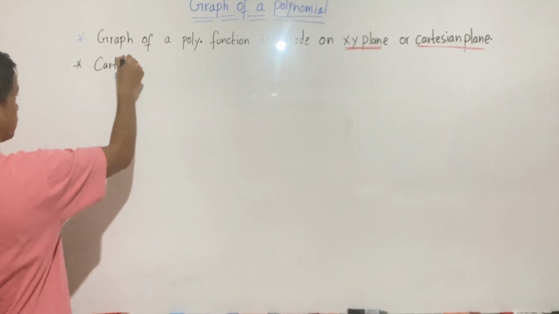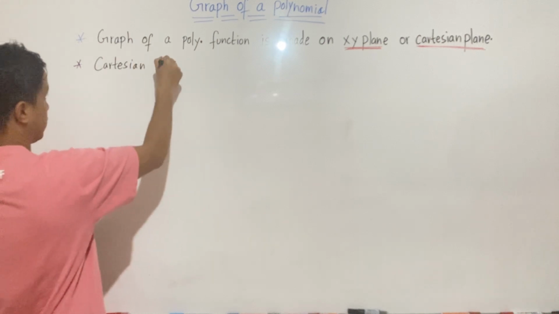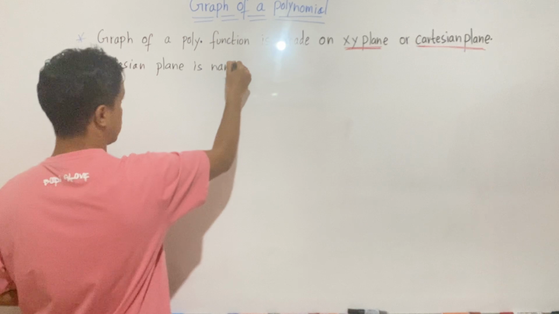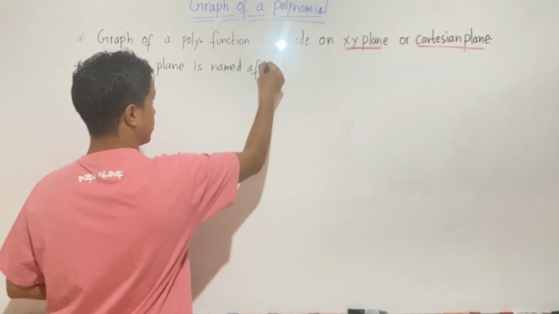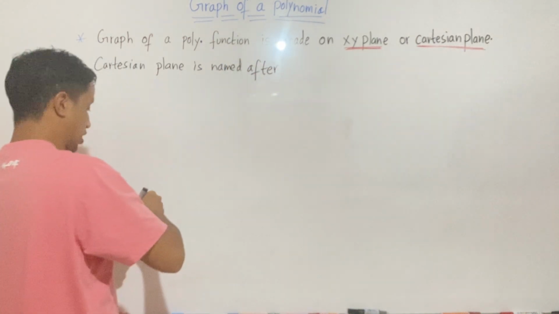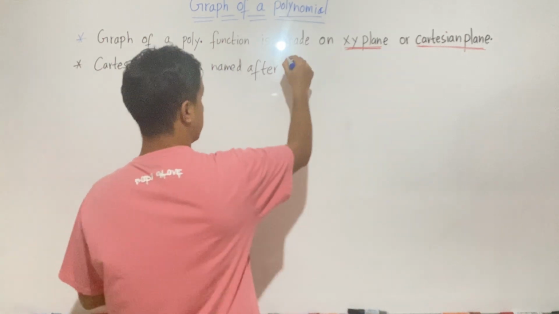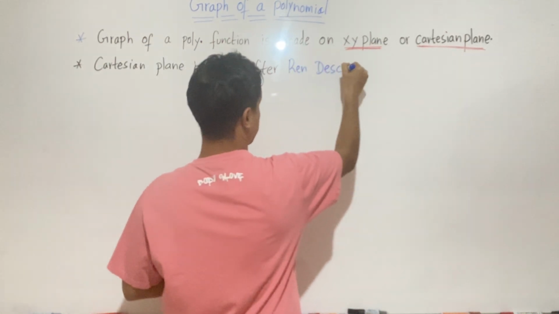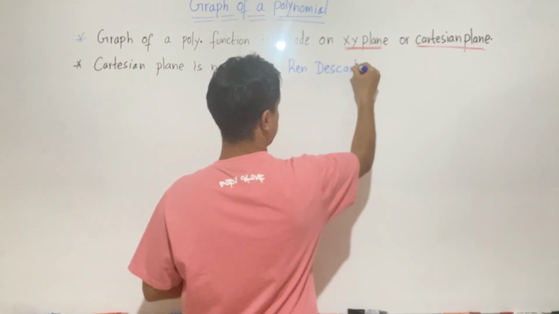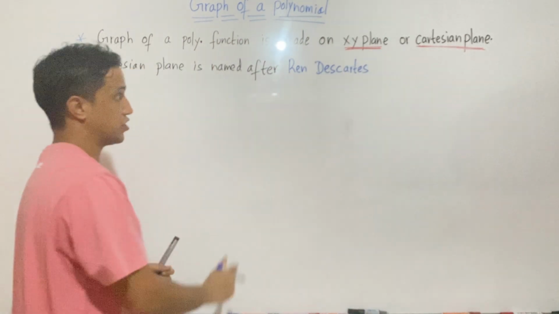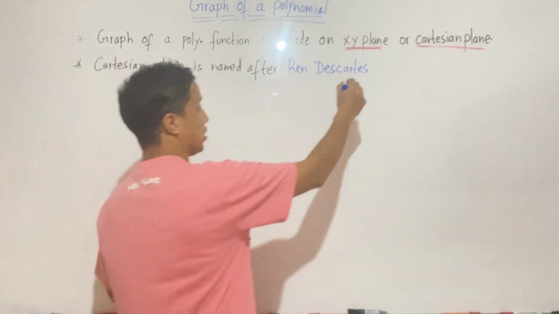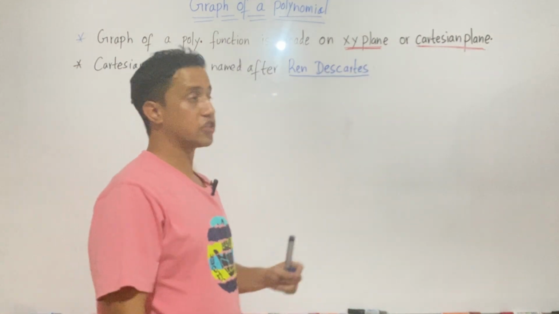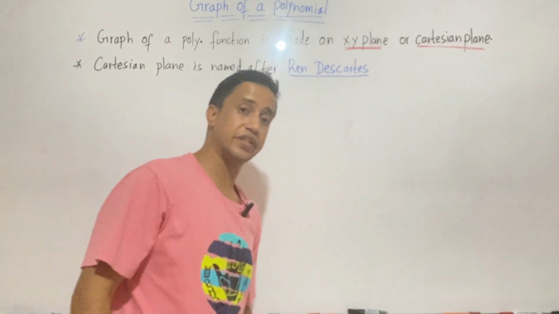Cartesian plane is named after René Descartes, French mathematician, also known as father of coordinate geometry.